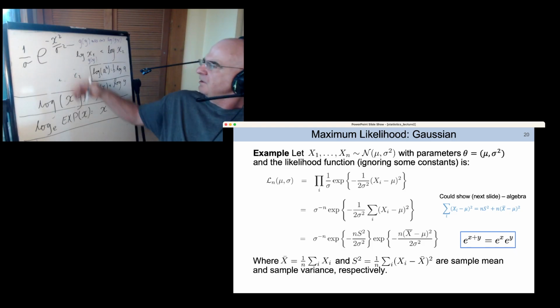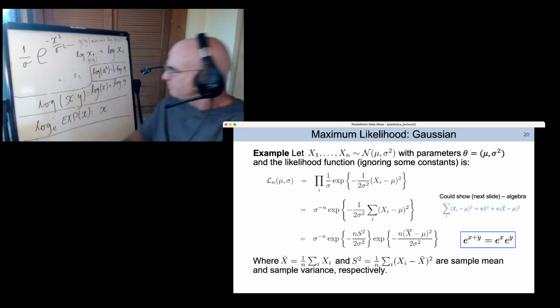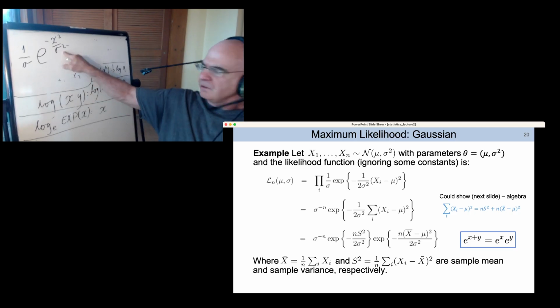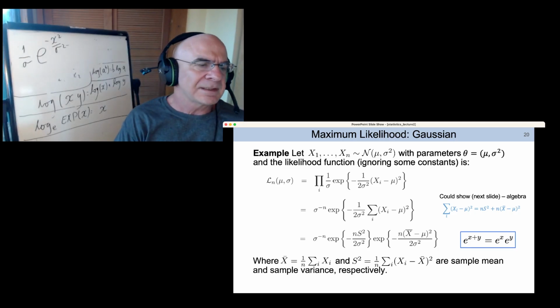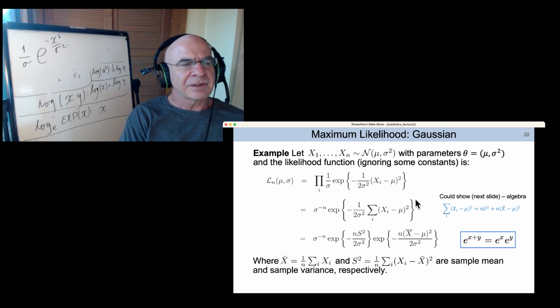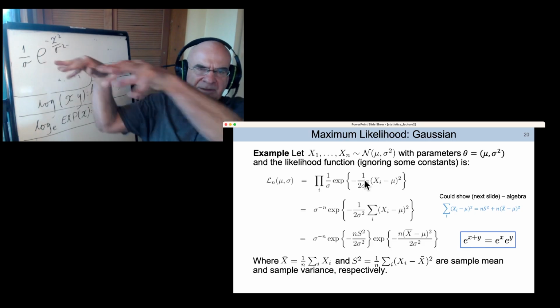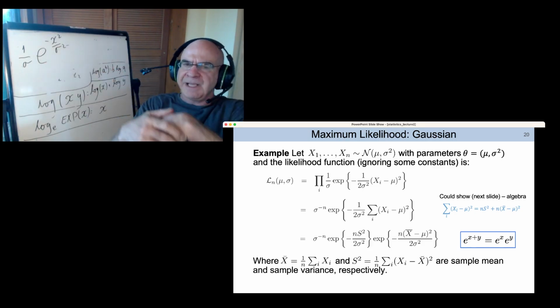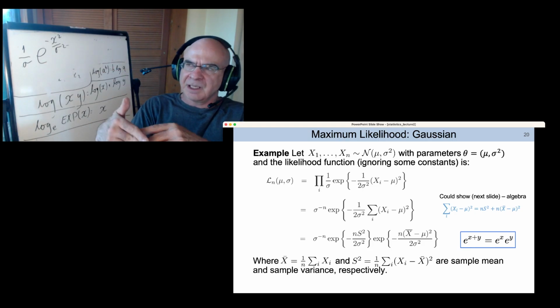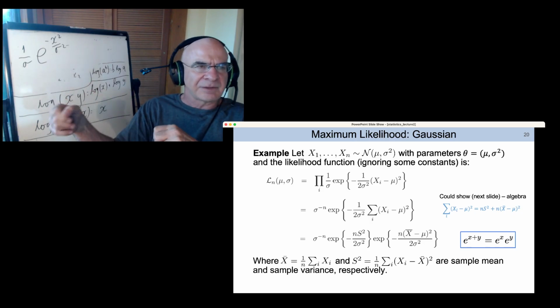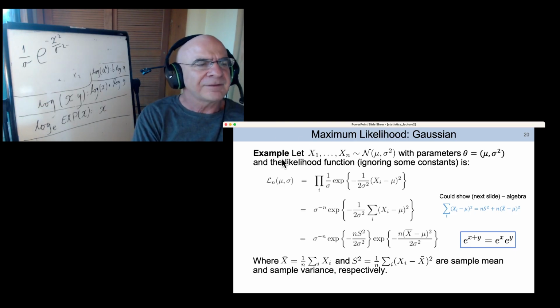The constants here are wrong, but besides that it is fine, and that's the formula when the average is 0. If the average is not 0, then I just need to take all these functions and shift them: when x equals 0, I want x to believe that it's actually at x equals 5. How? By subtracting 5 from all the xi's. So mu just shifts all the graphs to the side.